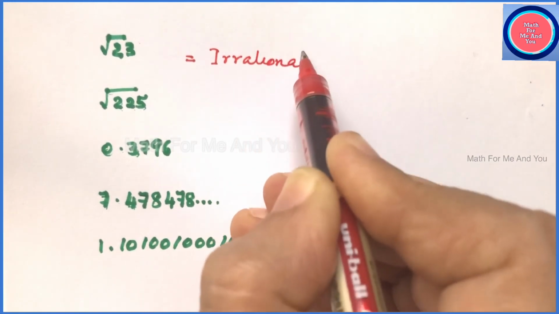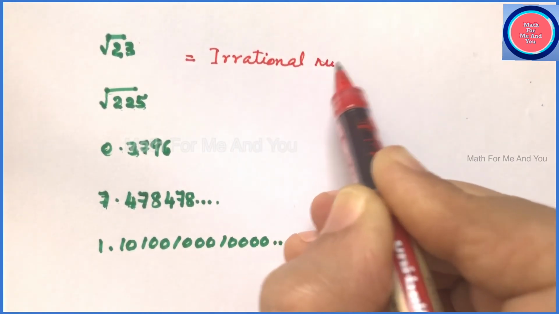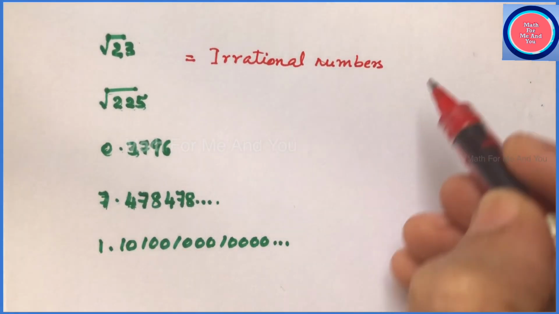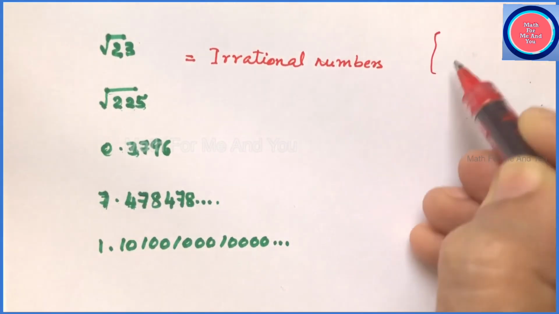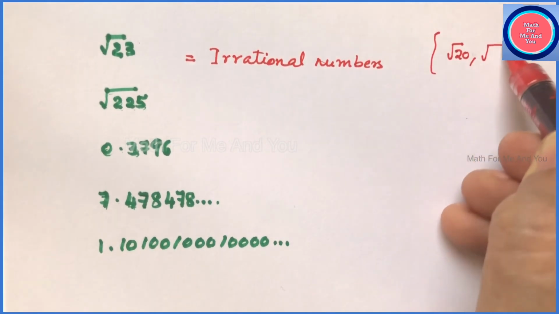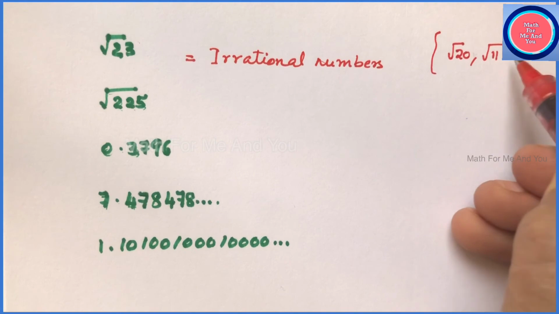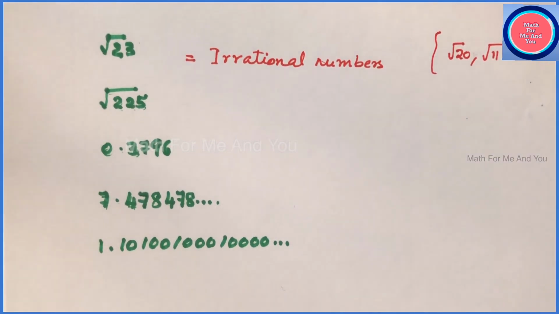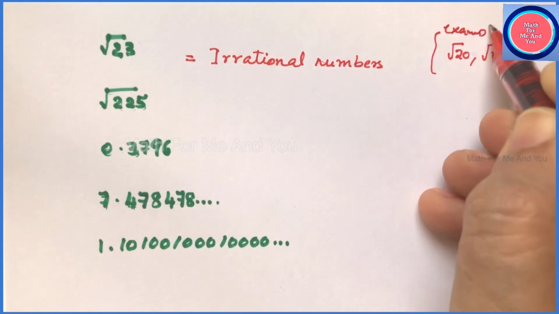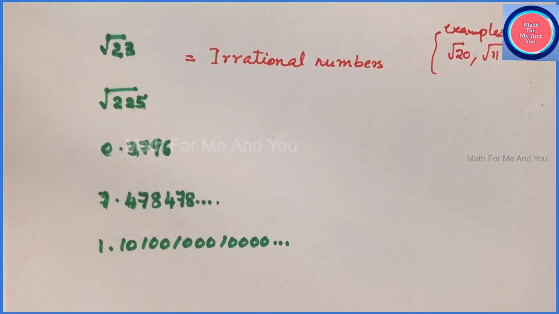So this is an irrational number because we cannot write it in the form p by q, where p and q are integers. Many examples we can write. Root 20, 20 is not a perfect square. Root 11, root 18, root 24. All these are examples.